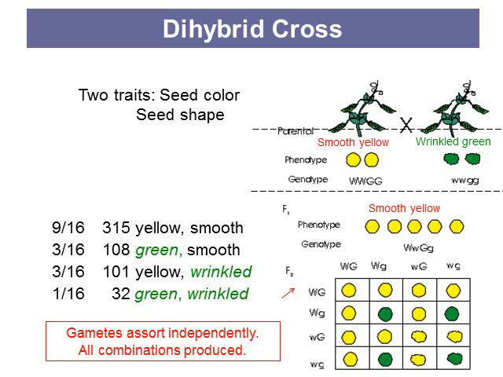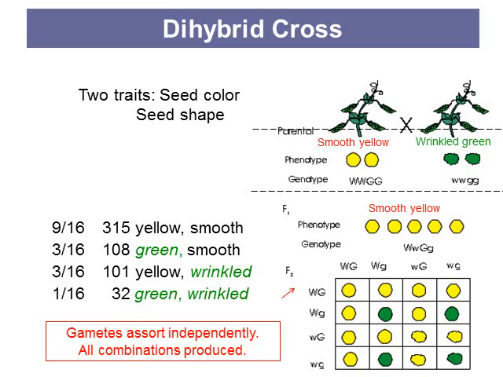And then the dad can make sperm that has a dominant-dominant, a dominant-recessive, a recessive-dominant, or a recessive-recessive. Again, the gametes are independently assorting. You don't always get a dominant-dominant. It's random which gene goes where.